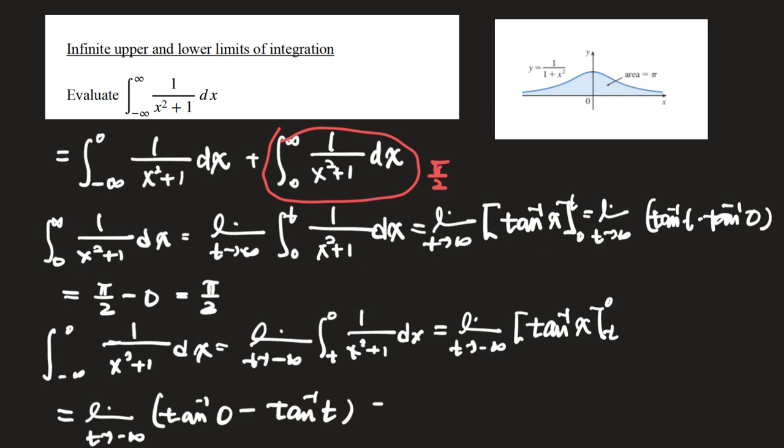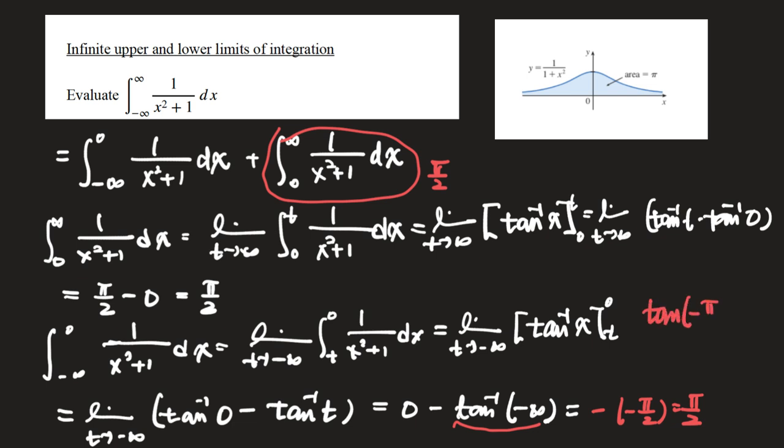So this first part is 0 minus arctangent of negative infinity. Guys, remember this one? Arctangent of negative infinity is negative pi over 2, so this is pi over 2, because tangent of negative pi over 2 goes to negative infinity.